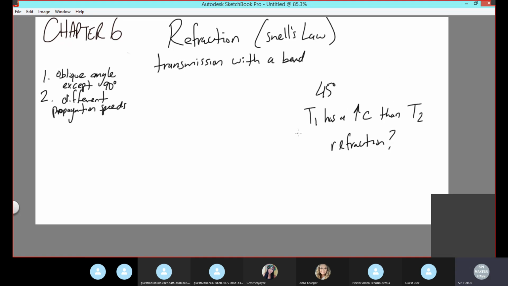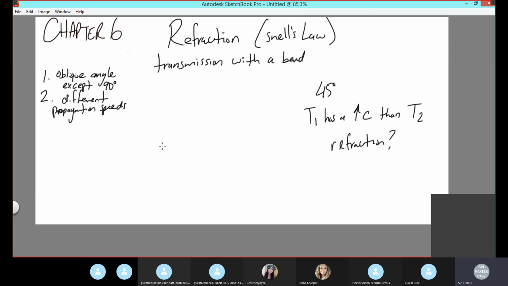They can say that tissue 1 is 3 centimeters per second, tissue 2 is 1 centimeter per second, and you can see that they're different. Now you don't care at this point how different they are. If one's higher, one is lower, you don't care. What you're concerned with is satisfying these 2 rules. If those 2 rules are satisfied, then you can move forward and figure out the refraction angle.